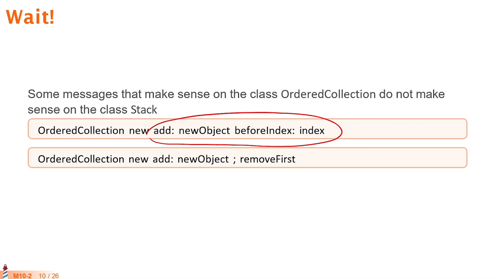This breaks the stack completely. The same happens if we can add elements at the end, remove elements from the top, use remove first directly, or remove any of the elements inside. All these methods break our implementation of a stack.